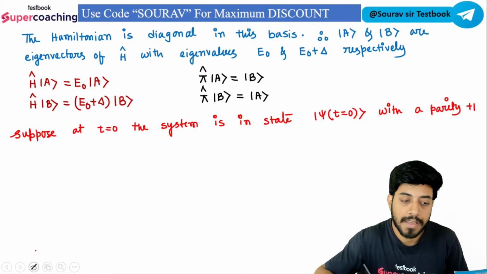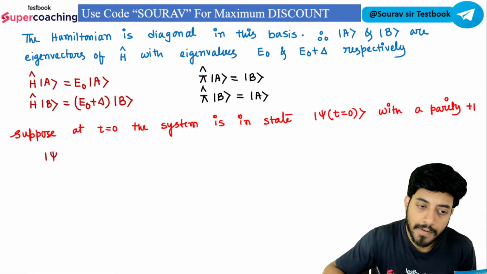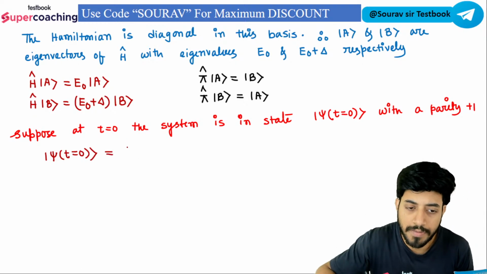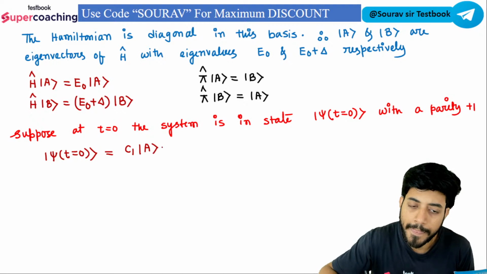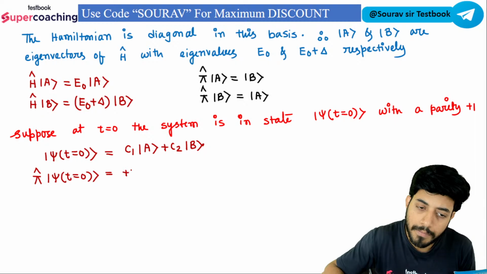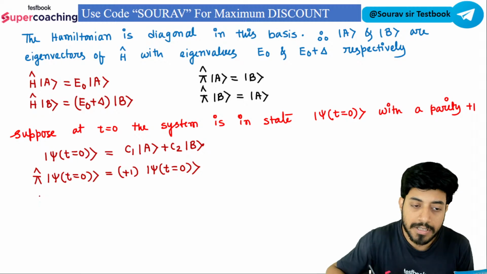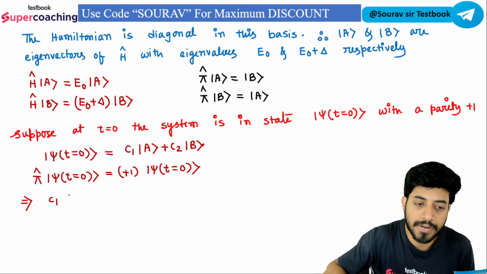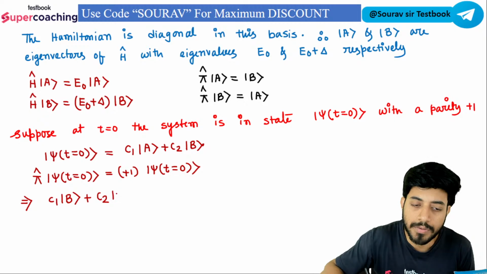That means I can always write psi at t equal to 0, which is an arbitrary vector of the Hilbert space, in terms of the basis, which is C1 A plus C2 into B. Again, if parity operates on psi of t equal to 0, then I'm bound to get plus 1 into psi of t equal to 0, which means parity operates on this, so C1 pi cap operates on A gives you B plus C2 pi cap operates on B gives you A.